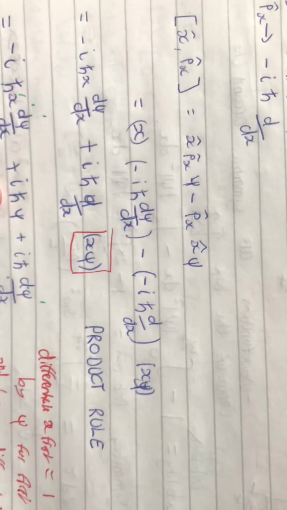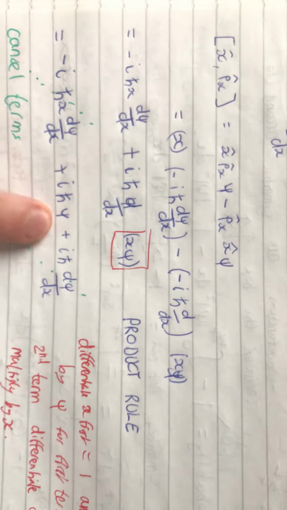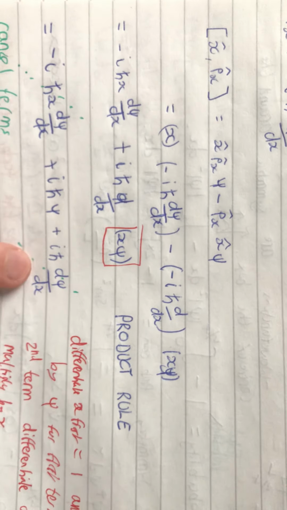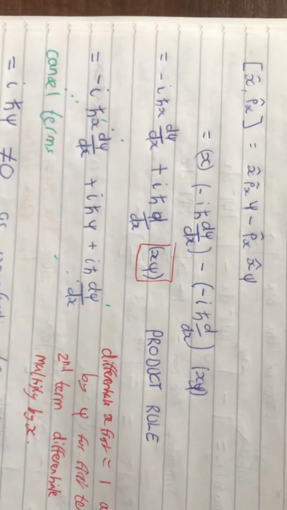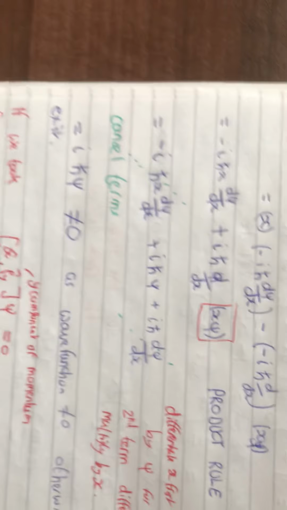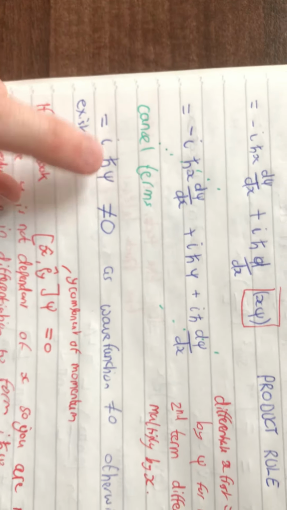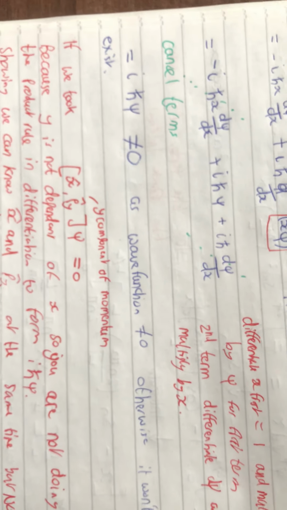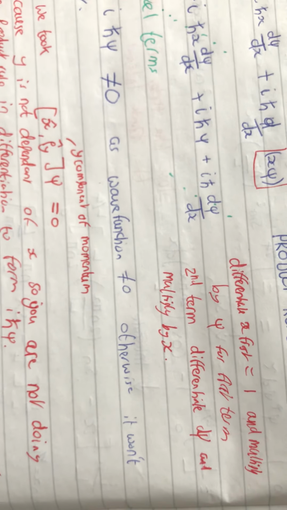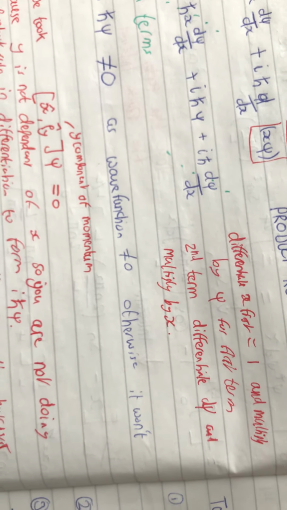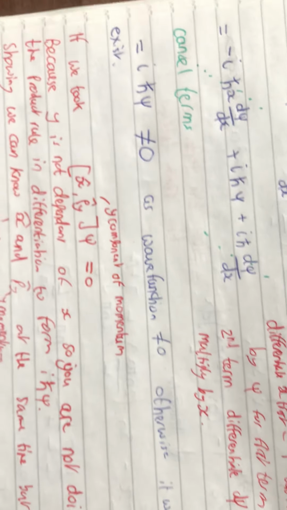If we differentiate in terms of x, we get 1, which just leaves us with this. And then if we differentiate the wave function, we get this. These terms will cancel. And that just leaves us with i h bar times the wave function, which is not equal to 0, because the wave function can't equal 0. Otherwise, as we know, it won't exist.